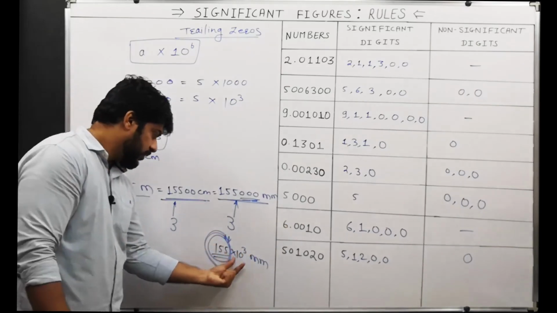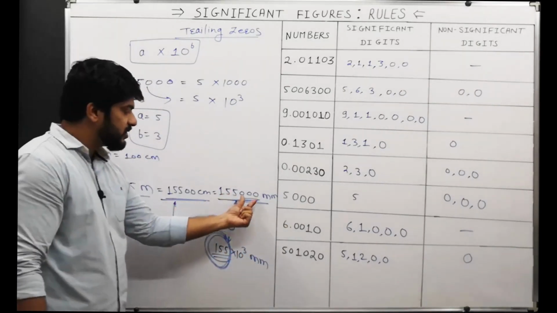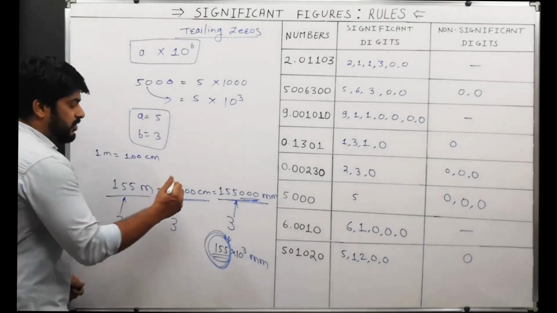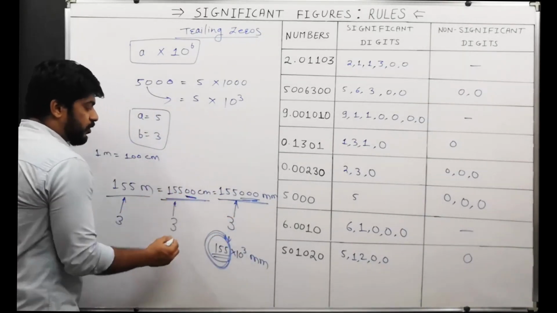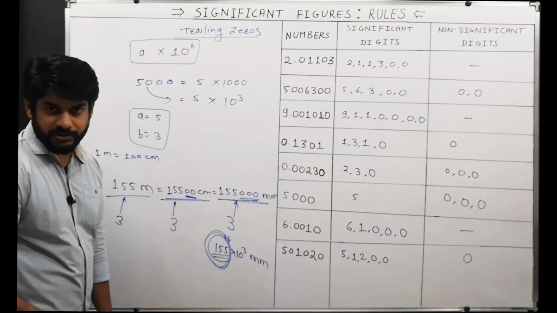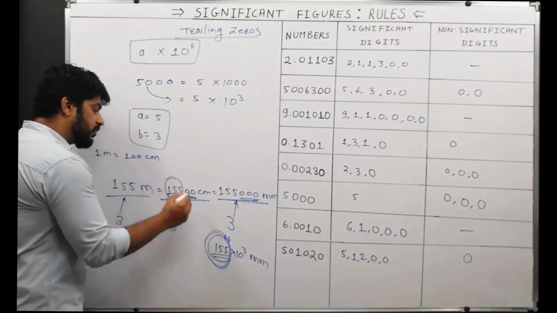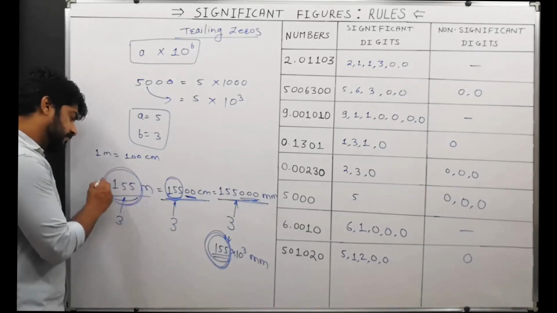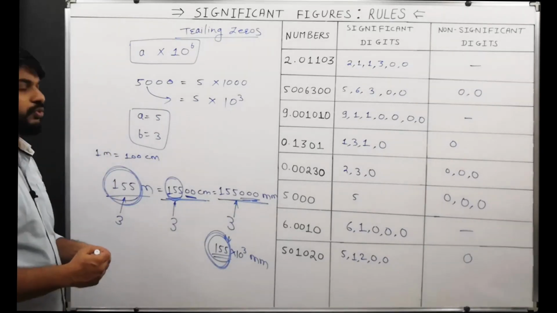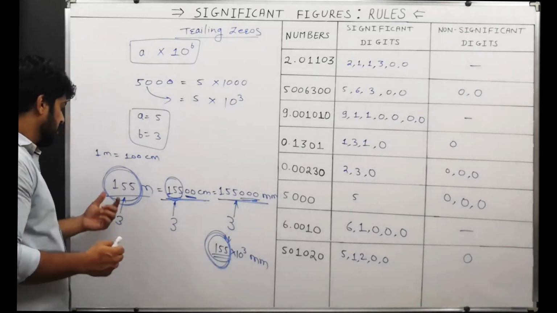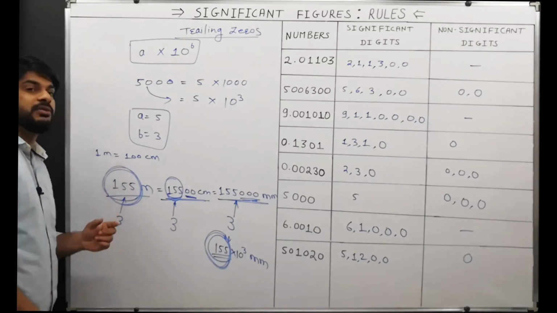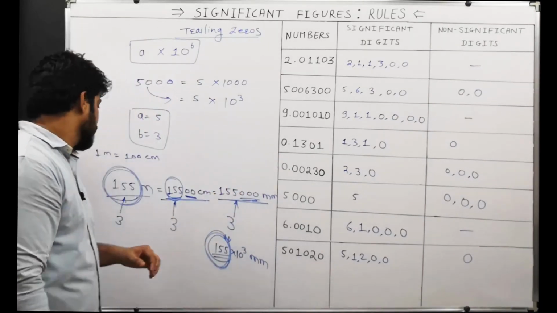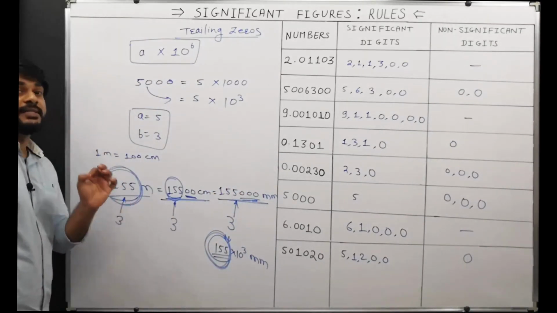That is why these 3 are considered non-significant. Same here, these 2 are non-significant because they are irrelevant to the information. These 2 talk about the magnitude, so they are relevant. Over here there are no zeros, so these 3 digits talk about all the information hidden in the number. That is why these 3 are significant.